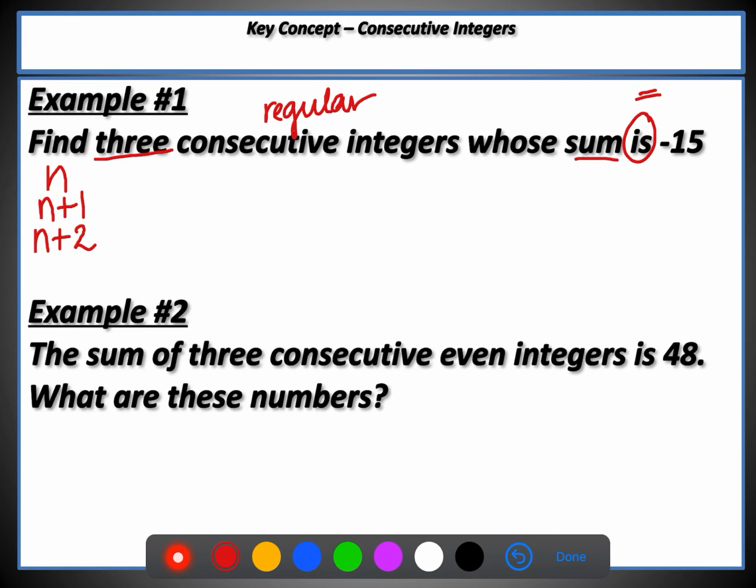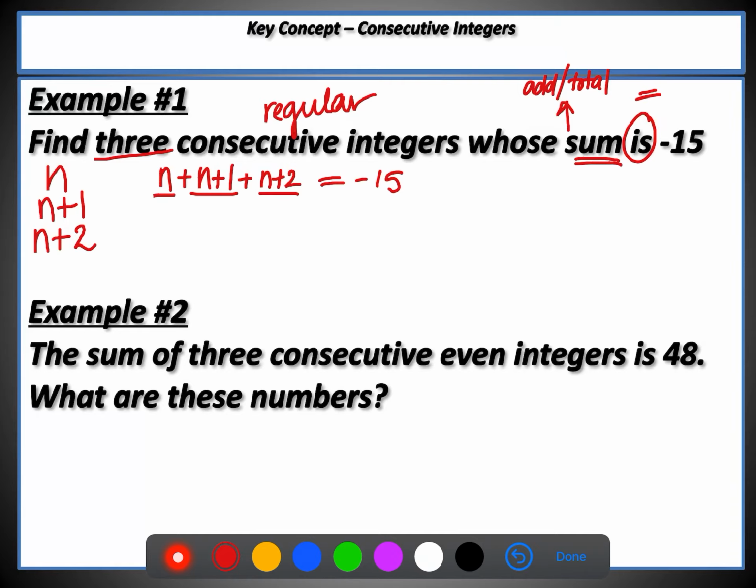Well, it says their sum. What does sum mean? Sum means add to find the total. So n plus n plus 1, and then add my n plus 2. Those are my 3 consecutive integers, equals -15.